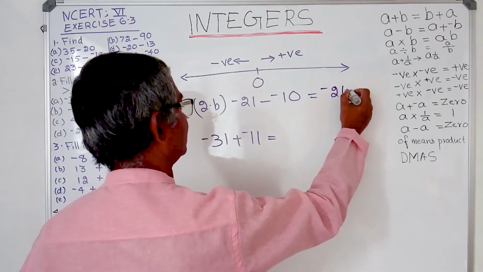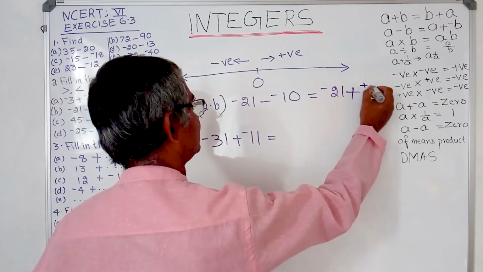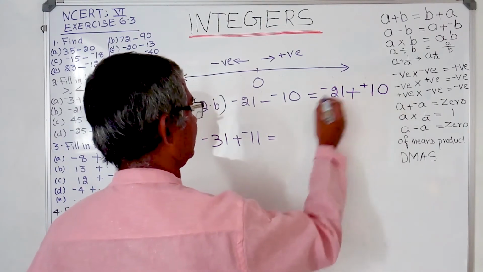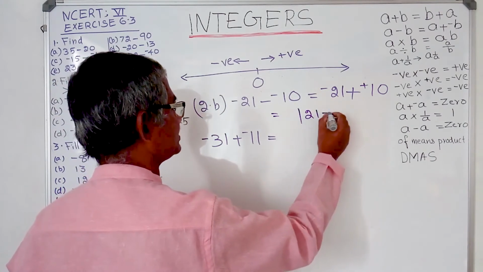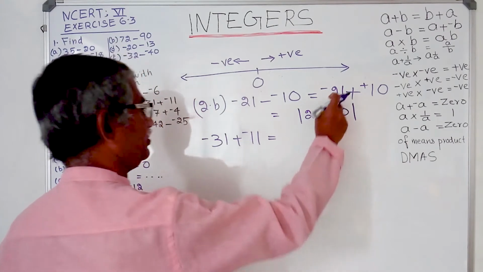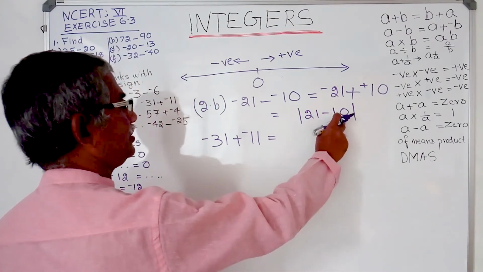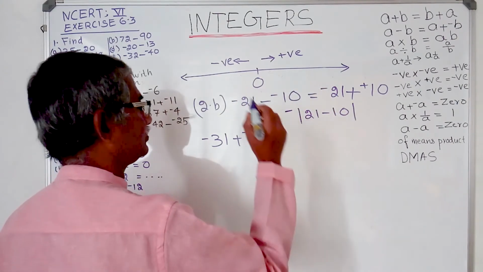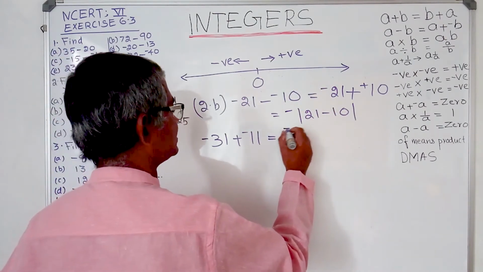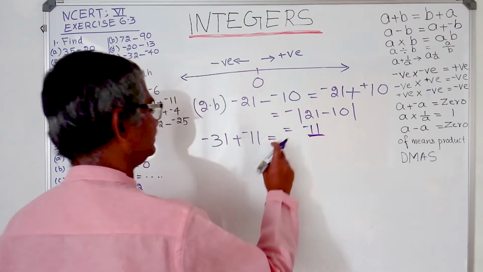Negative 21. Subtraction needs to change to addition. Negative 10 becomes positive 10. Negative 21 plus positive 10, taking the difference of absolutes. 21 is larger, 10 is smaller, 21 minus 10, and the sign of the larger absolute number, negative. 21 minus 10 is 11, with the negative sign here.